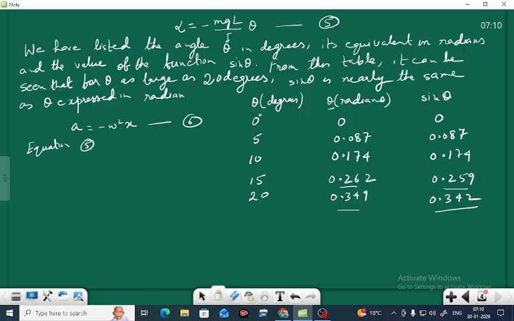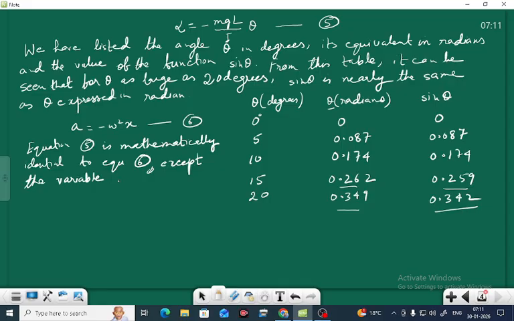Equation 5 is mathematically identical to equation 6, except the variable is angular displacement.